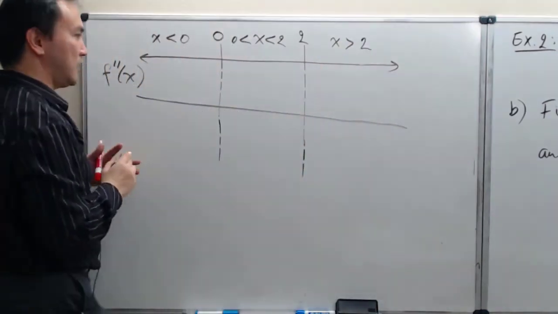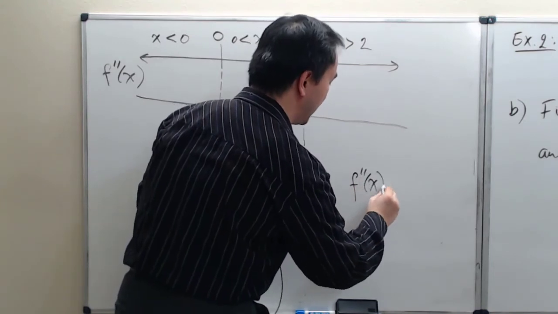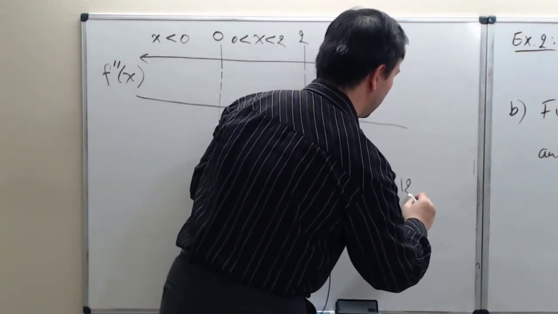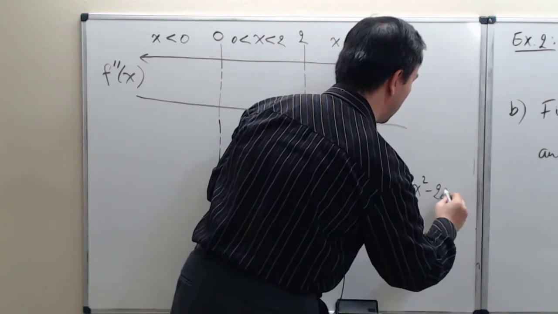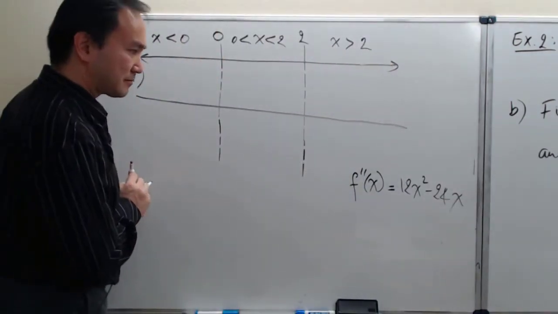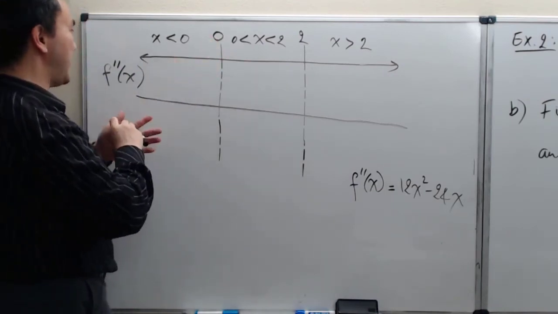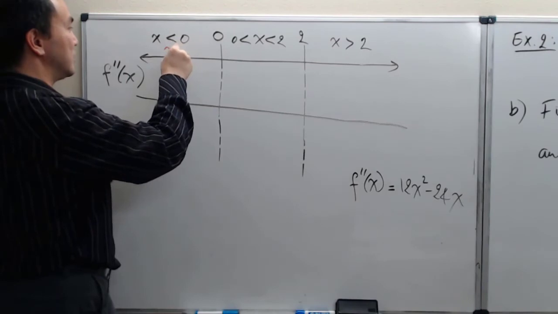Recall again that our f double prime was found to be 12x squared minus 24x. Now I am going to pick a value, x equals, how about -1.